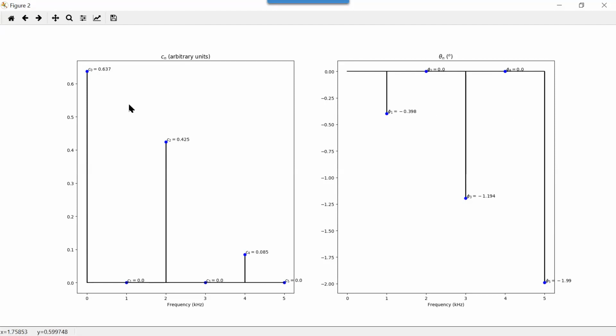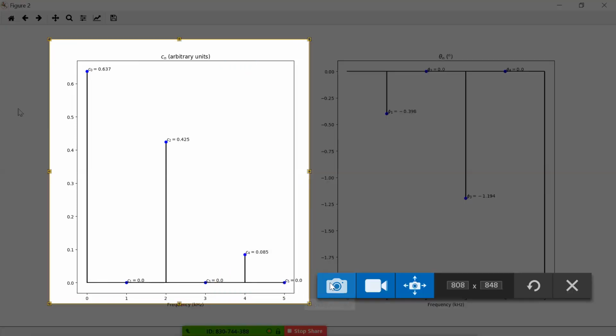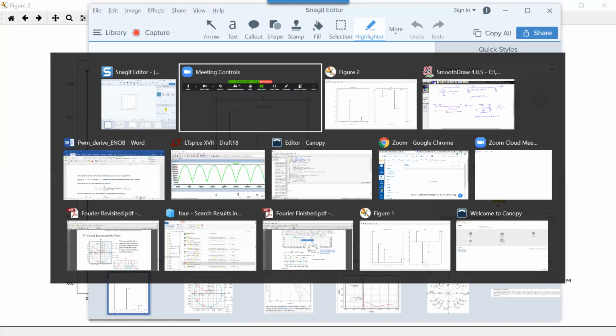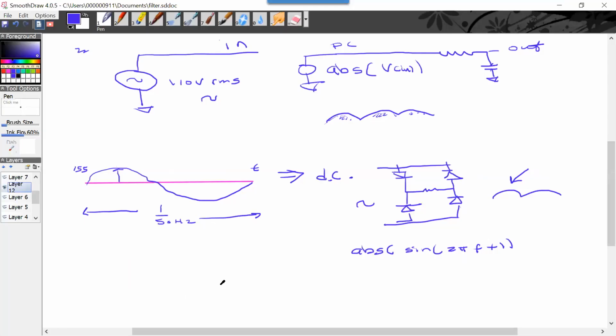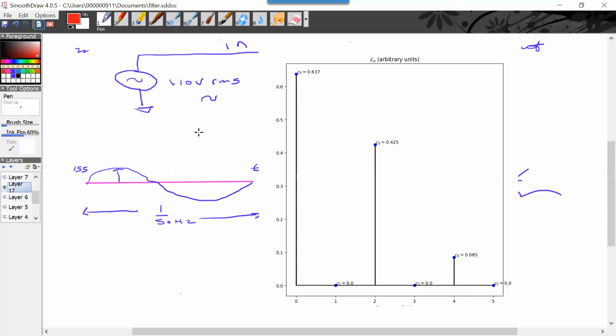So really, what we want to do, not so concerned with the phase, is this DC is what we want. And this is what we don't want.